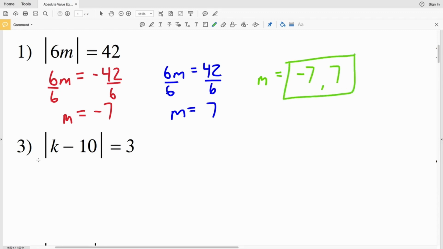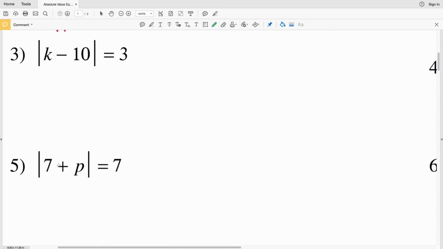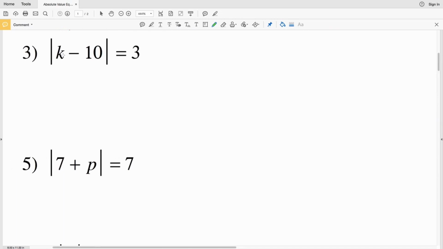Let's look at number 3 now. For number 3, we have the absolute value of k minus 10 equals 3. That means that this k minus 10 inside the absolute value is either going to be a negative 3 or a positive 3. So let's solve for when k minus 10 equals the negative 3 first. We add 10 to both sides to get that k equals a positive 7.